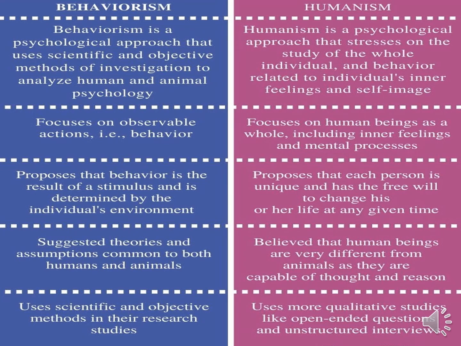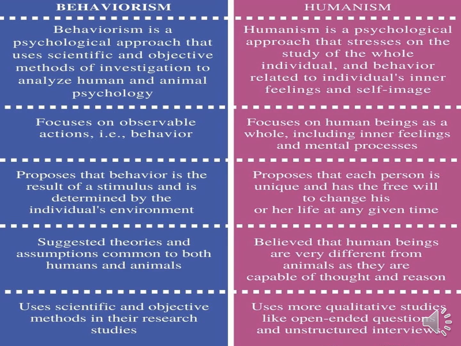As you see in the first graph, behaviorism is a psychological approach that uses scientific and objective methods of investigation to analyze human and animal psychologies. Humanism is a psychological approach that stresses the study of the whole individual and the behavior.